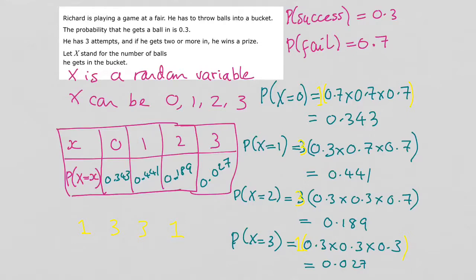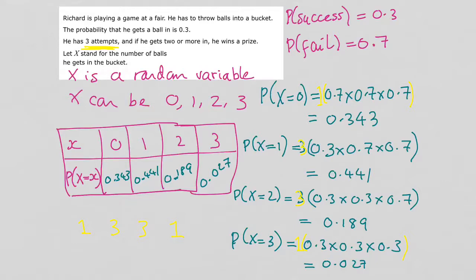So he's doing 3 attempts at something, and there's 1 way of getting this, 3 ways of getting this, 3 ways of getting this, 1 way of getting that. You'll actually find that the binomial coefficients, Pascal's coefficients, come up an awful lot in these kind of problems, and they can make your life a lot easier.